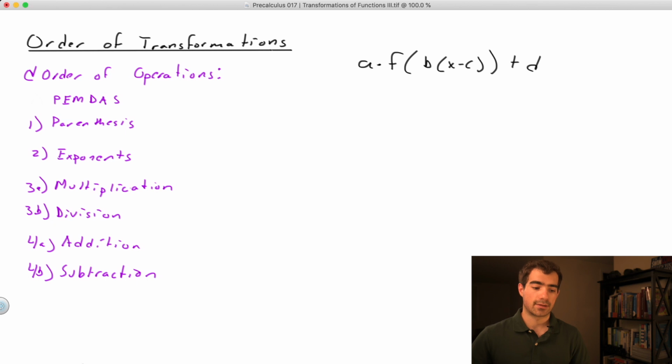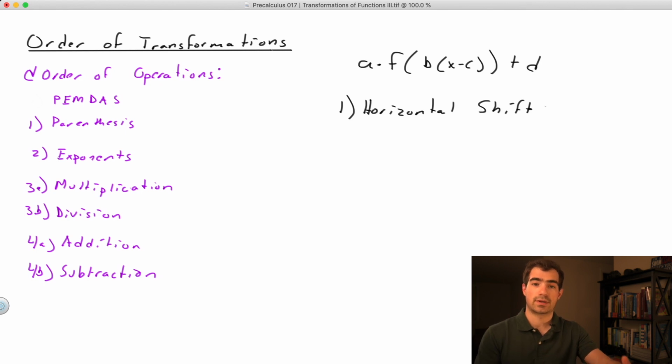If we were to evaluate this expression as if it was just any old algebraic expression, using our order of operations, we would first start with what's inside the parentheses here, the x minus c. Now the x minus c, as you might remember, is our horizontal shift. And so in terms of the order of our transformations, the horizontal shift is where we'll start.